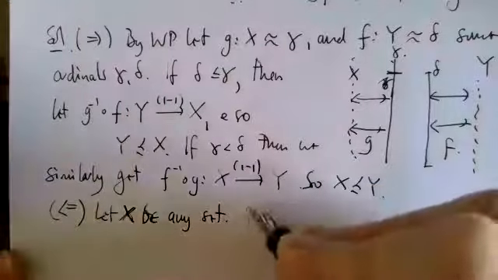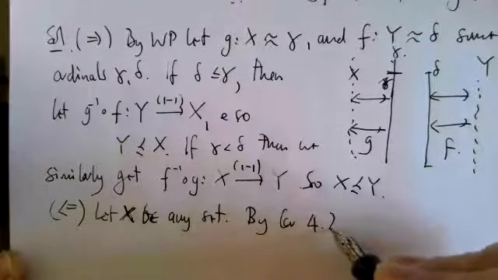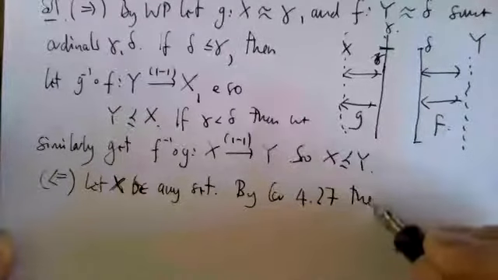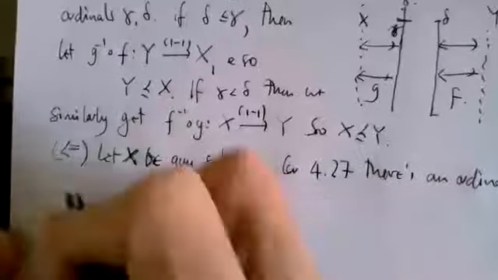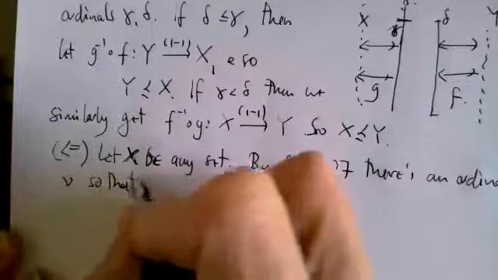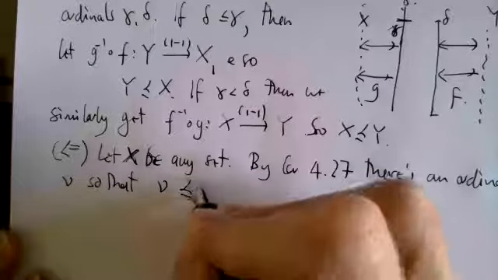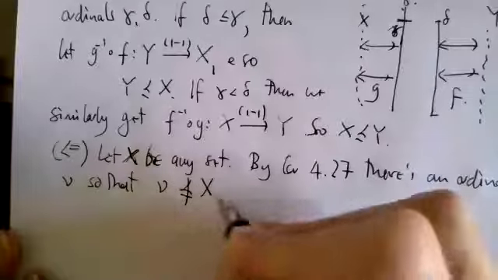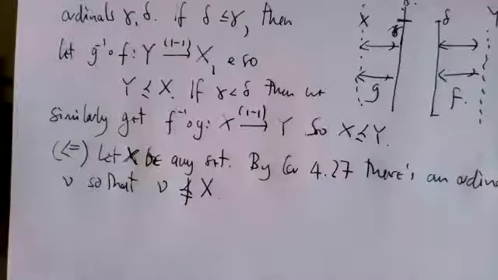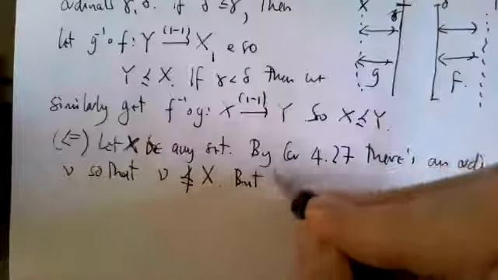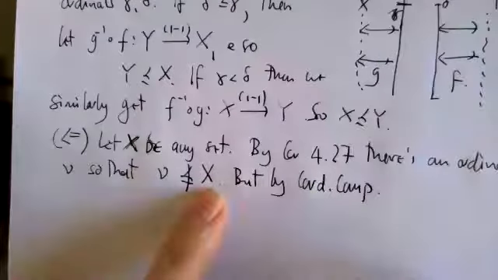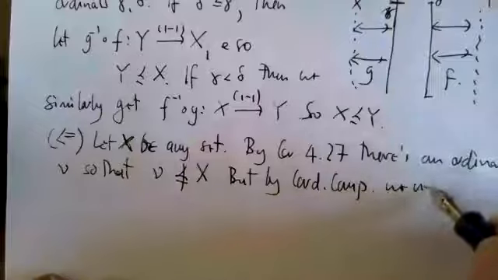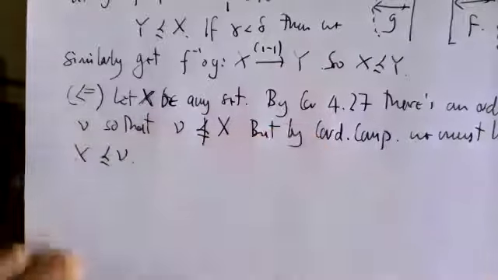I think if you now look at corollary 427, there's an ordinal nu so that nu is not injectable into X. But by cardinal comparison, this means that X is injectable into nu.